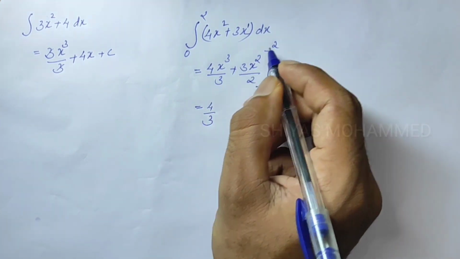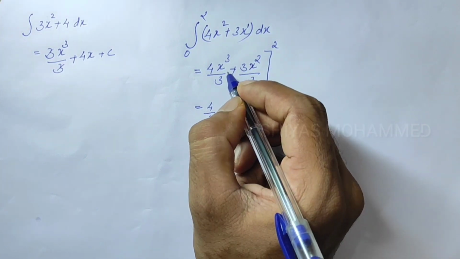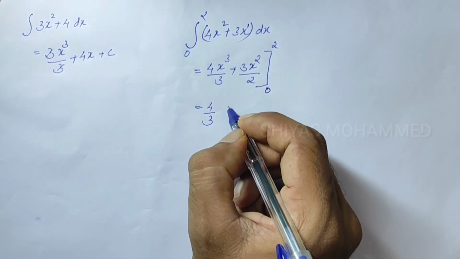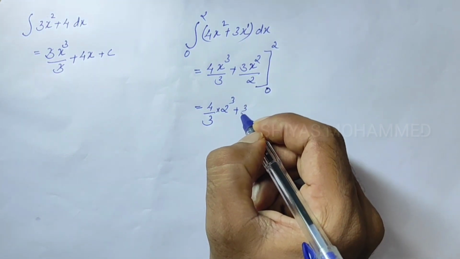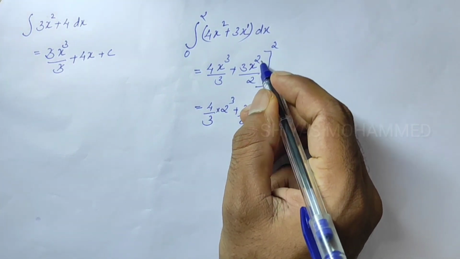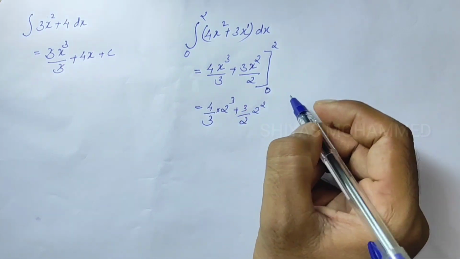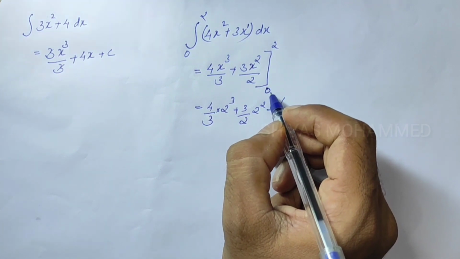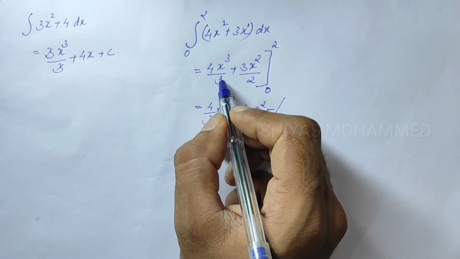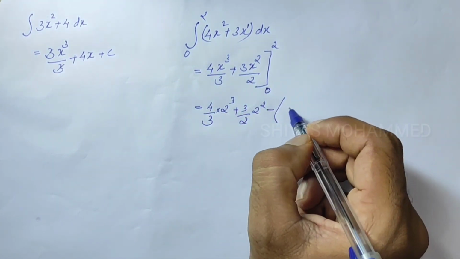Here x is the variable, so first I give the upper limit 2. So it is 2 cube plus 3 by 2 into, here also I give the upper limit, 2 square. So upper limit completed, minus I give the lower limit. Here the lower limit is 0. If I give 0 here, it becomes 0. Here also 0 square becomes 0.